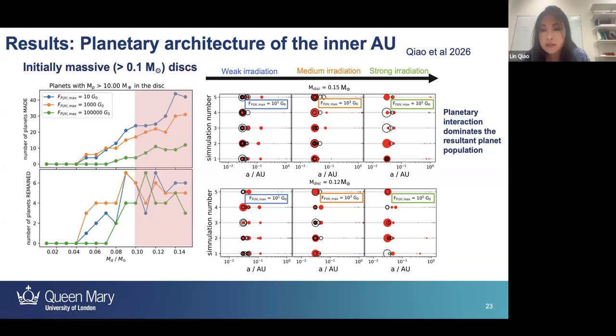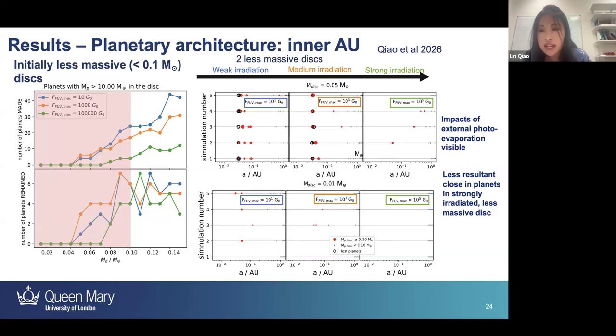So in most massive disk regimes in our simulation, the impact of external photoevaporation is masked by the effects of planetary interactions. Planetary interactions are the process that dominates the outcome of the planet population in the initially massive disk regime.